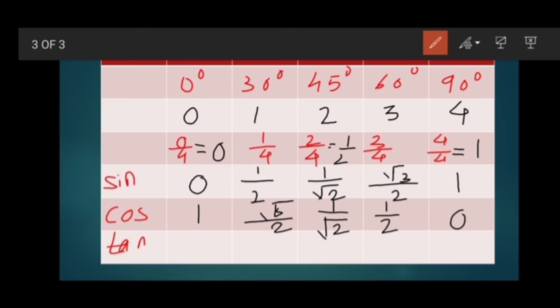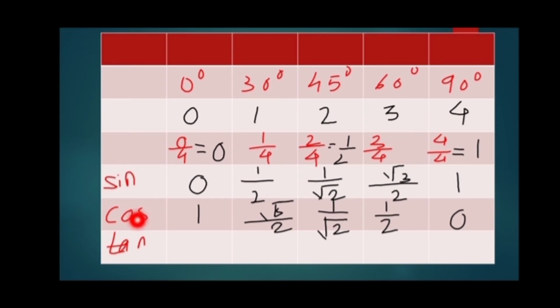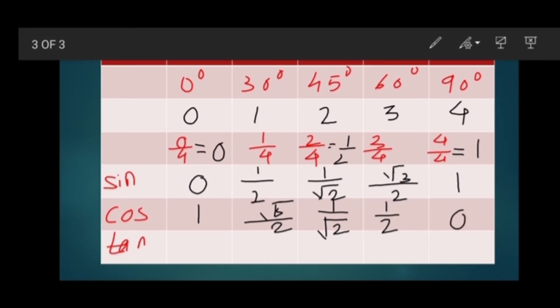So to get the tan values, divide these values: sine 0 upon cos 0, that is 0 over 1, then sine 30 over cos 30, sine 45 over cos 45, sine 60 over cos 60, sine 90 over cos 90.